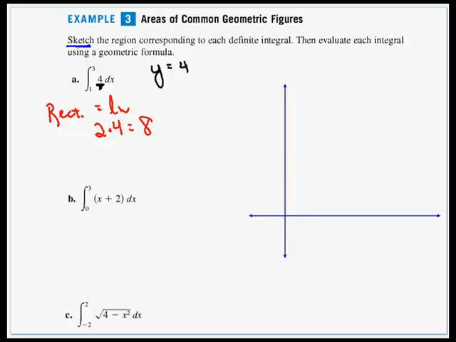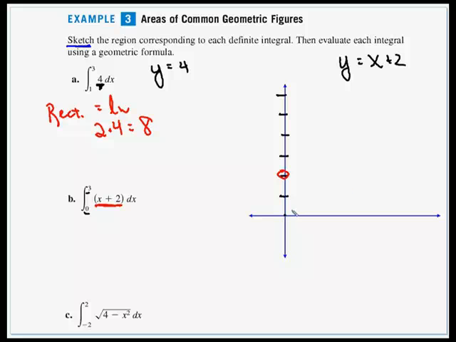Down to part B. Again, here is the function we're dealing with. And what is that? Y equals x plus 2. Well, it's just a line. Y equals mx plus b. So we know we have y-intercept here at 2. Y-intercept at 2. And we have a slope of 1. And we're looking here from 0 to 3.